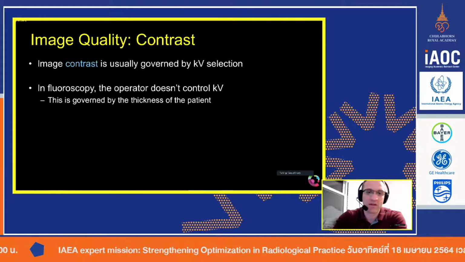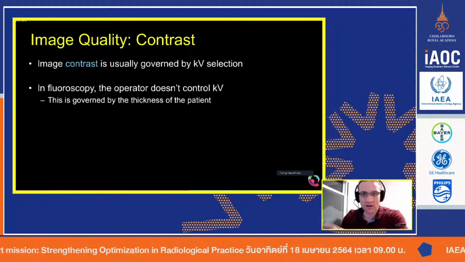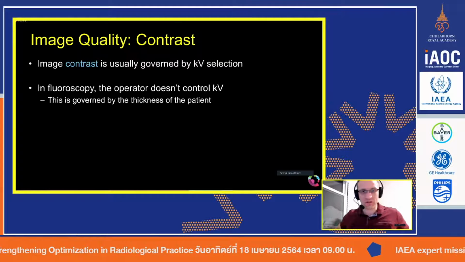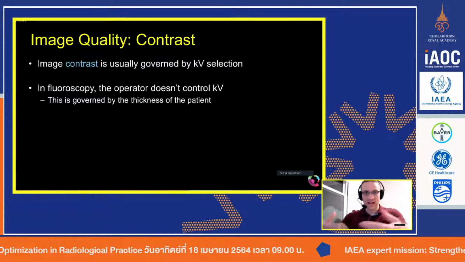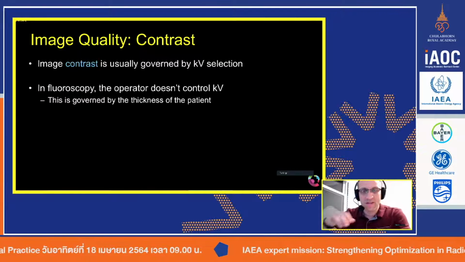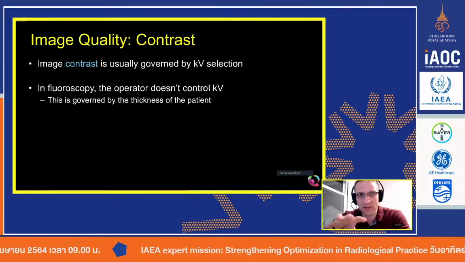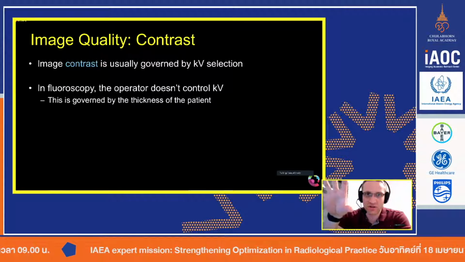Fluoroscopy is governed by the thickness of the patient. So depending on what part of the body we're imaging, or the type of patient, if they've got a big belly or a small belly, the system will automatically do its best to keep the image the same.